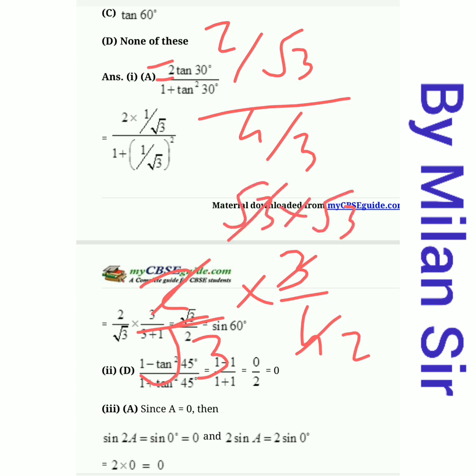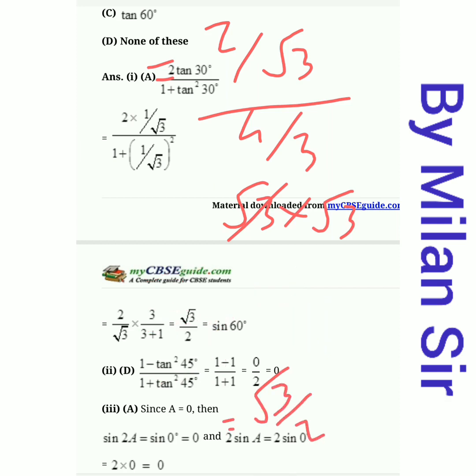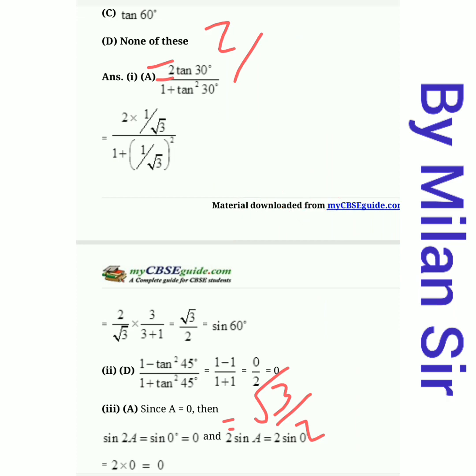So one under root 3 cuts here. So the final answer is under root 3 by 2. And under root 3 by 2 is the value of sin 60, because sin 60 is equal to under root 3 by 2. So we can select this option as our answer, sin 60.